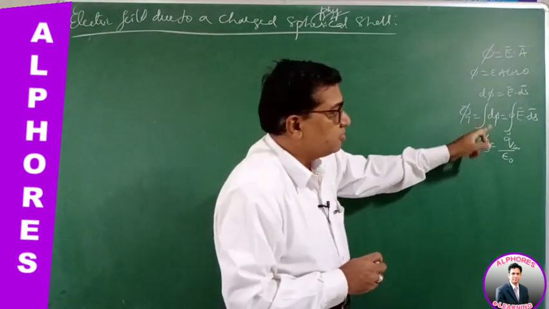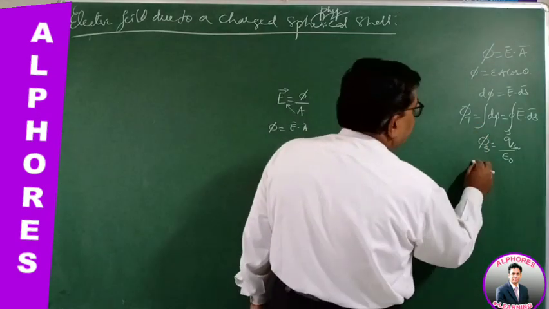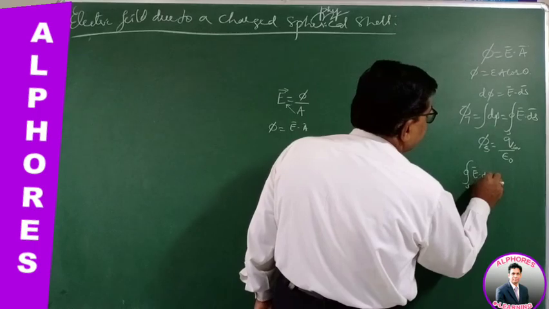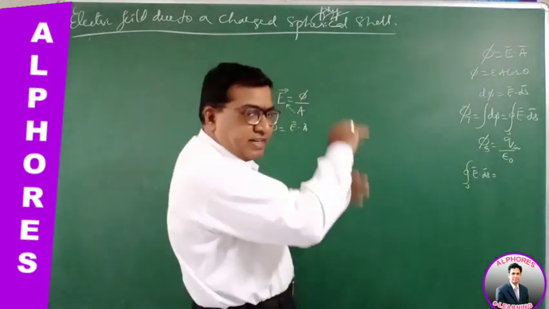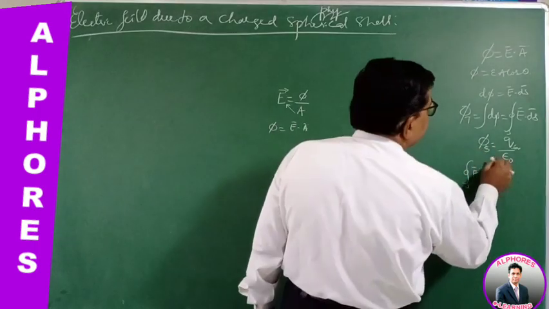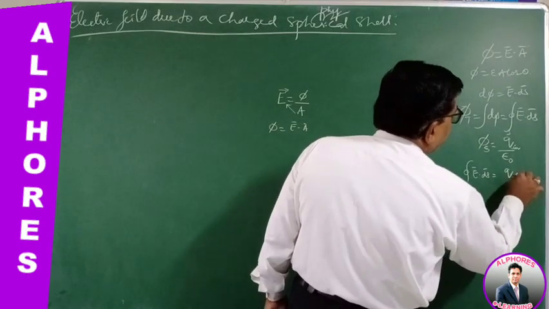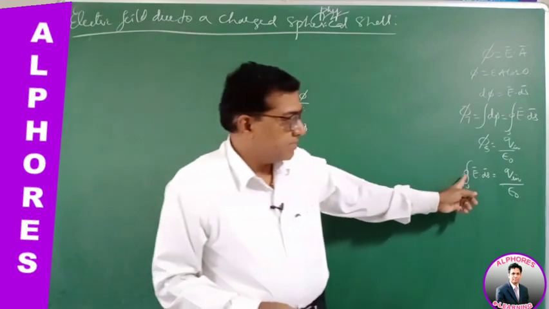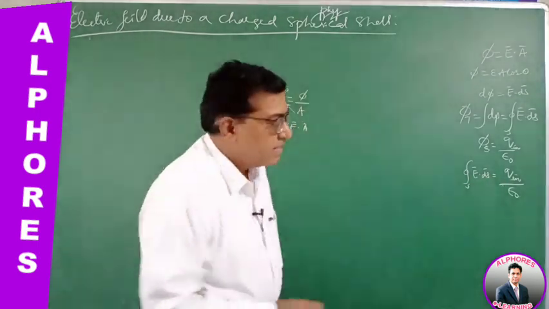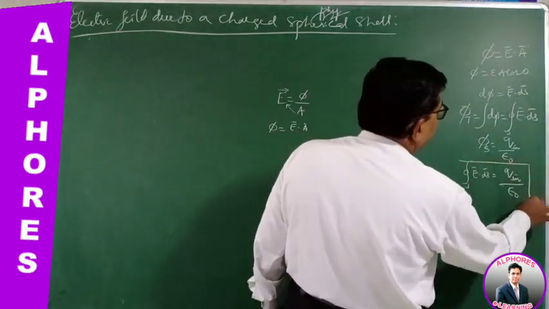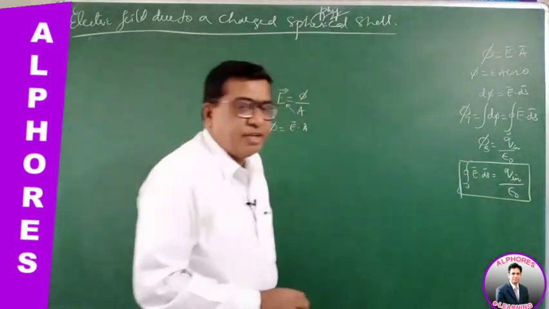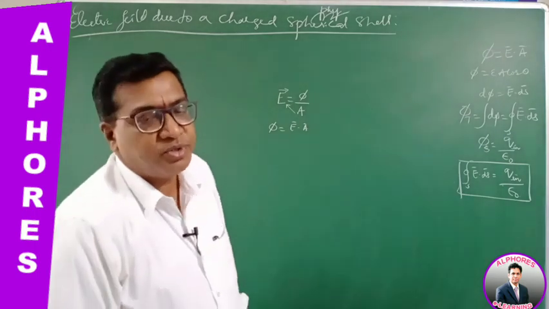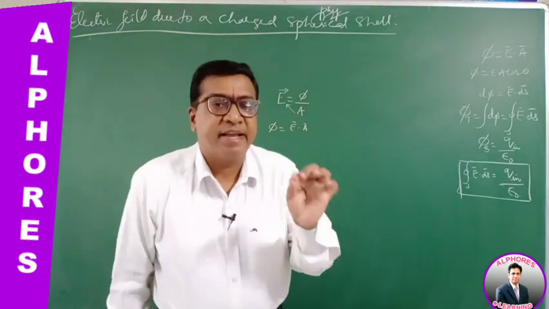Equating these two, the surface integral of the electric field intensity over the entire Gaussian surface is equal to charge enclosed inside by epsilon naught, right? So the surface integral of E dot ds is q inside. This is the mathematical form of Gauss law, which we will be using here to derive the expression for the electric field due to a charged spherical shell.